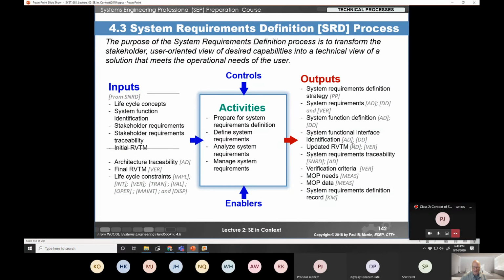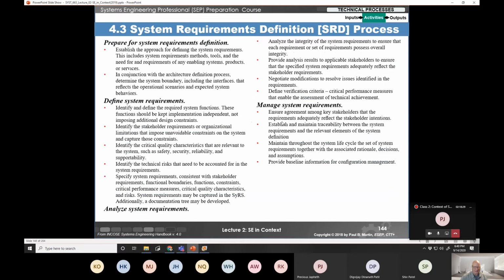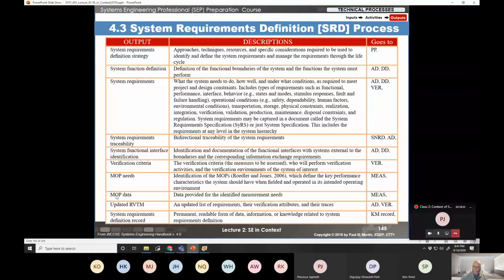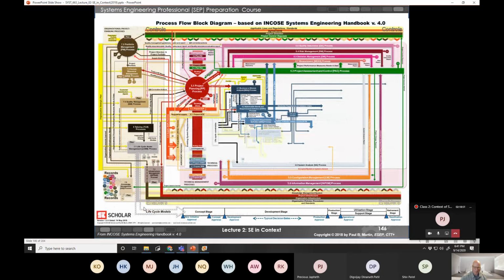So that's your main output: your actual MOP and your system requirements, and your RVTM, which is your requirements verification traceability matrix, is actually updated. So you have your requirements and you're tracing them all the way through this process.